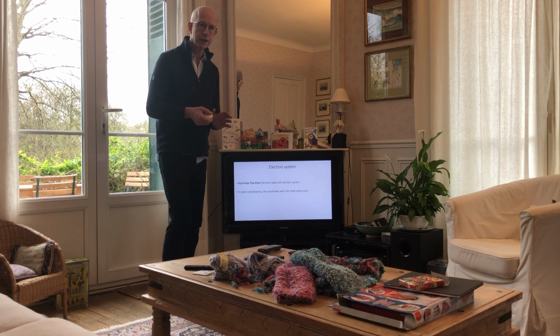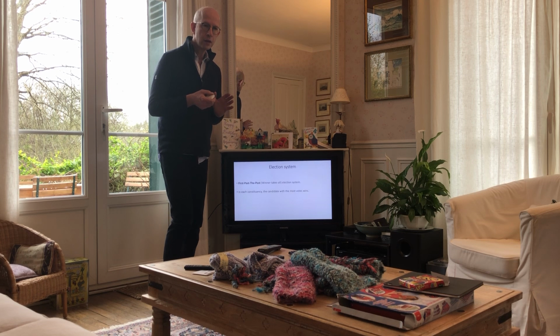It's a parliamentary system, and whoever gets the most votes in each seat wins the local election. So you don't need to have 50% or more. You can win with 30%, 35%. It depends how many candidates, how many votes.